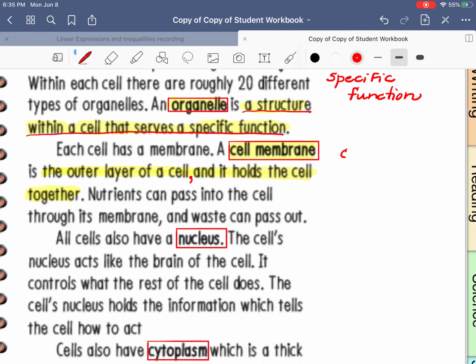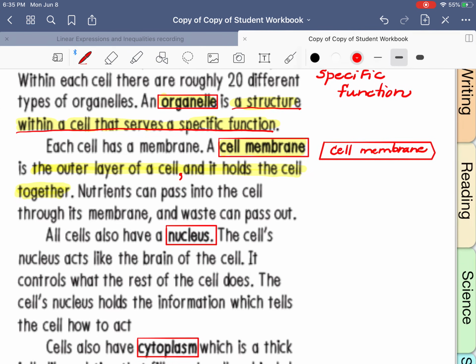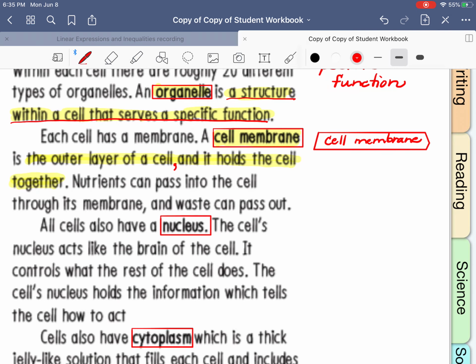So cell membrane, I also would not have used this font. It's incredibly hard to read. But the information's good. It's very clear and to the point. They don't go on and on about stuff. Is the outer layer of a cell.